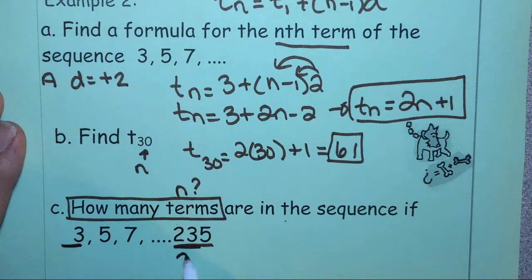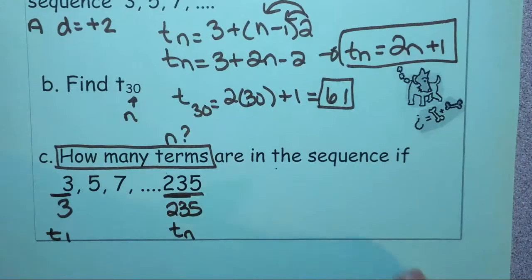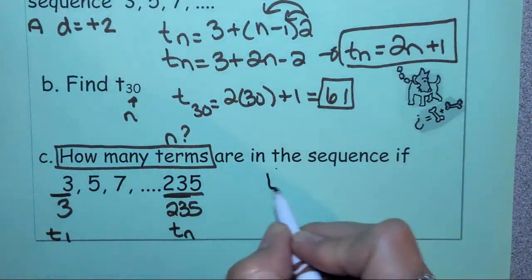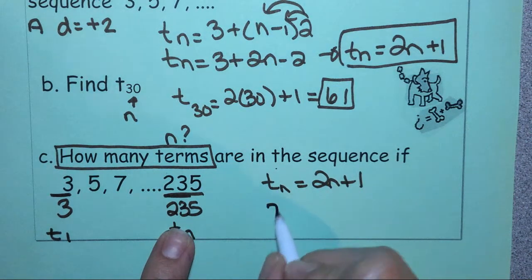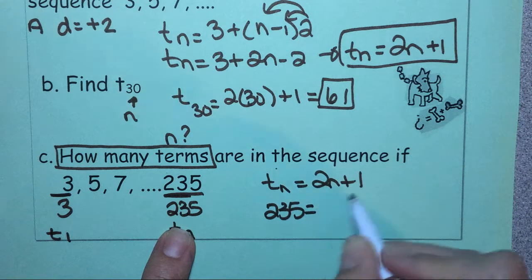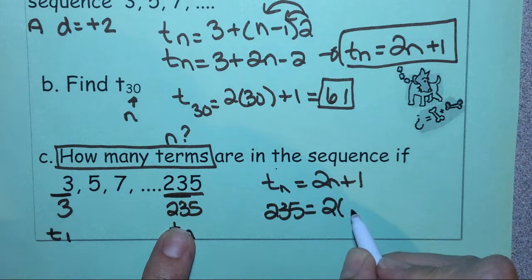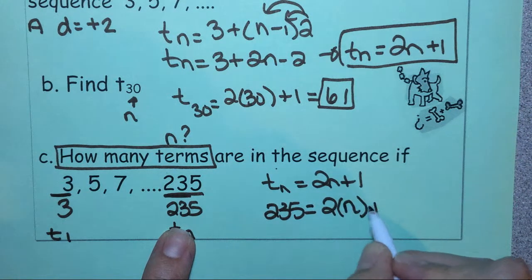So 235 is my last term and 3 is my first term. So all I have to do is plug into this equation. So instead of writing Tn, I'm going to write 235 equals 2 times n, I don't know n, plus 1.